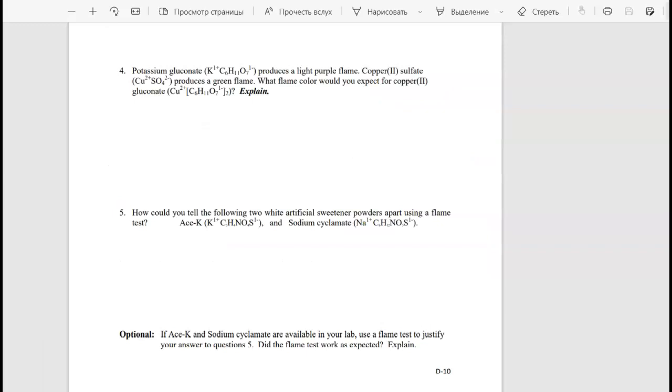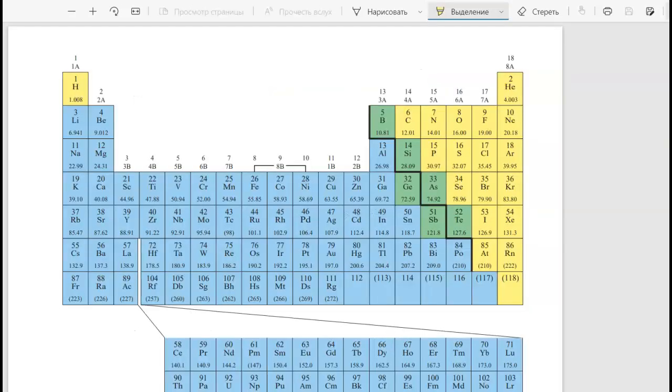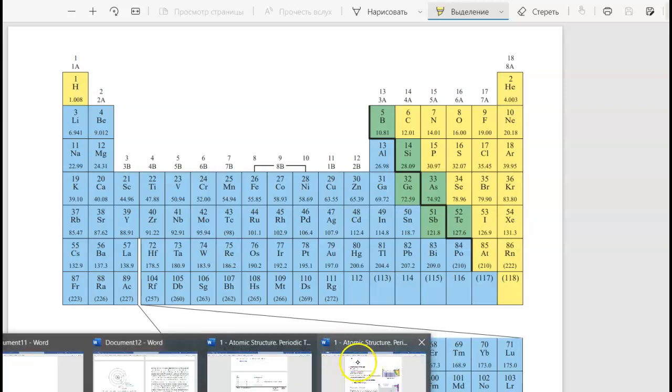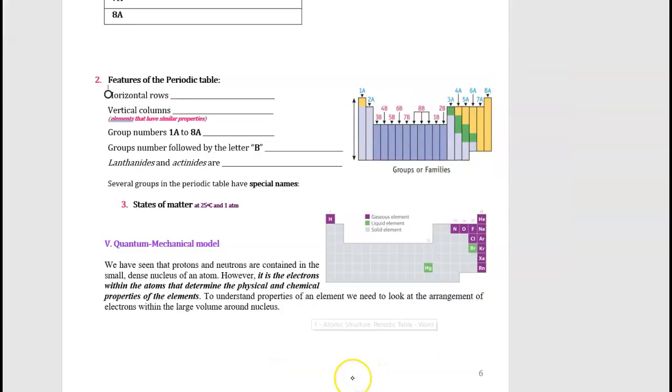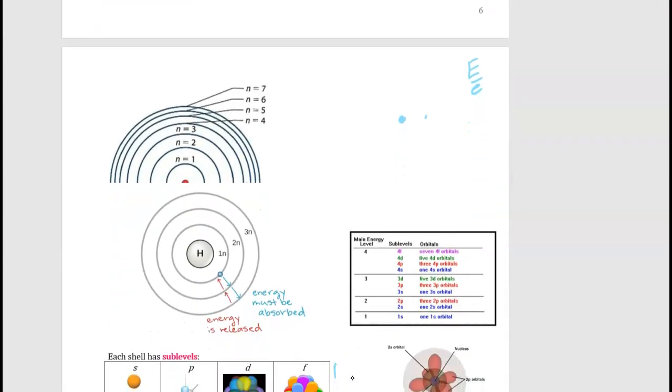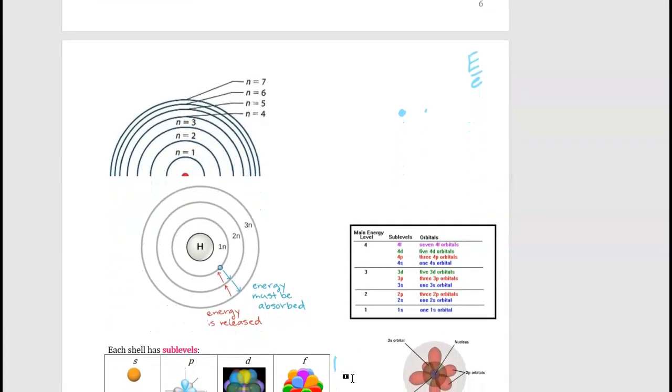Seven periods in the periodic table, and there can be only 7 stable levels with electrons in an atom. They are numbered from the nucleus. 1 is the closest one, and 7 is the farthest one.